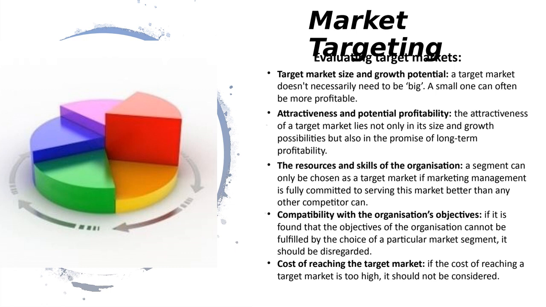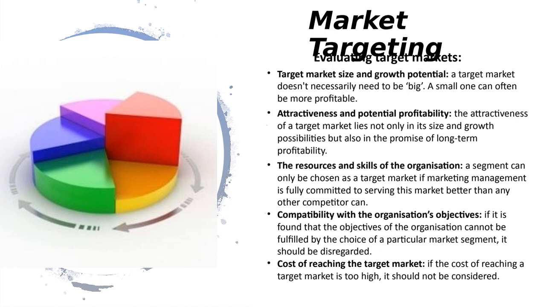And as we saw in the Toyota example, a company will only choose their target markets if those markets are sizable, they're growing, that they can compete relative to competitors in the market, and that their own business objectives are being met.